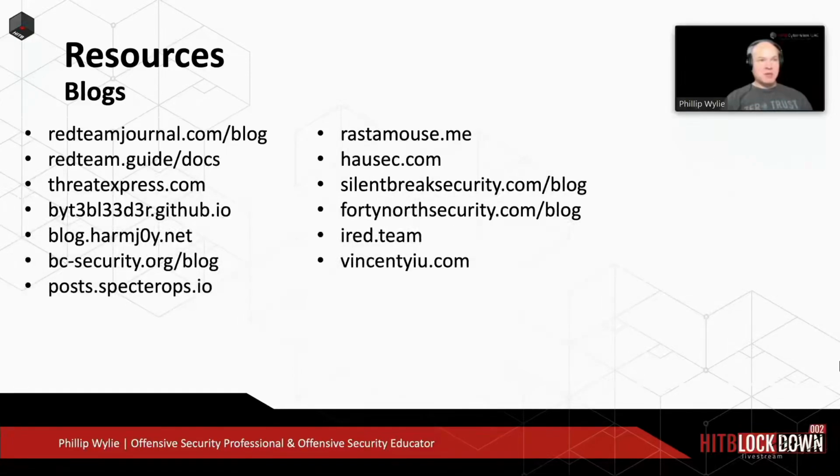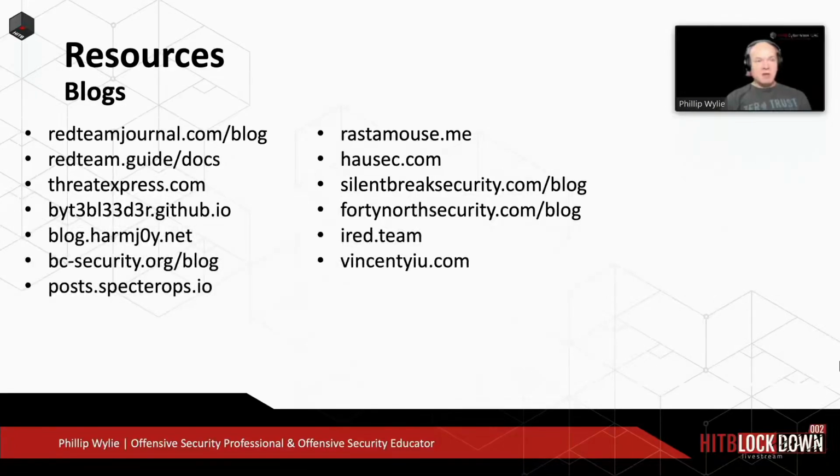byt3bl33d3r's blog is a good one. He's the creator of CrackMapExec, which is a hacking tool that's used to pass the hash and do password exploits. Harmj0y from SpectreOps has a really good blog out there. So does BC Security. They are the maintainers of Empire. They took over PowerShell Empire.